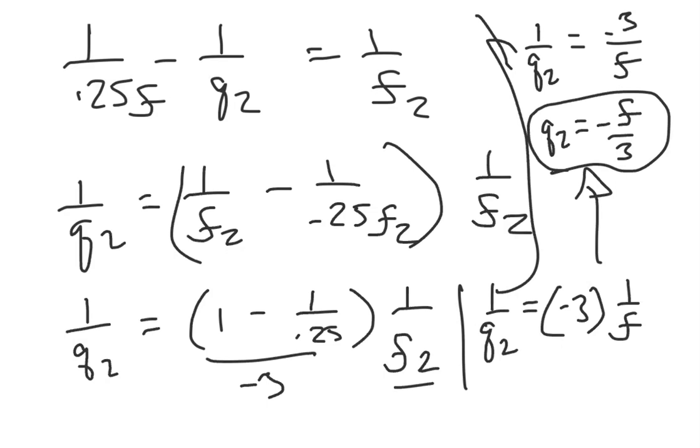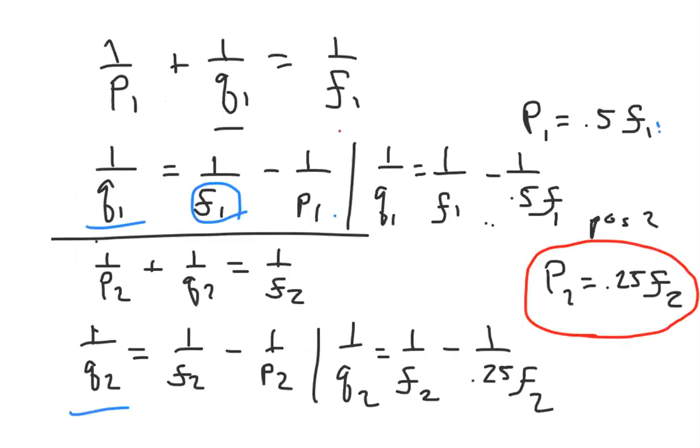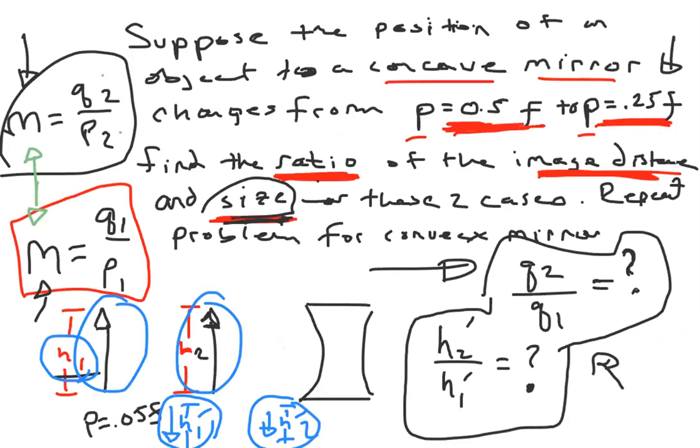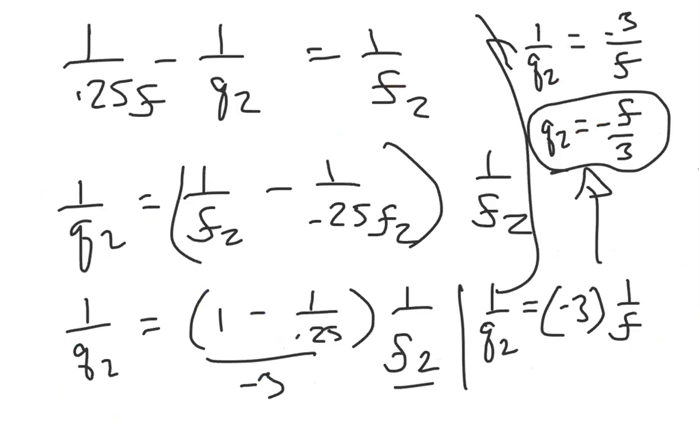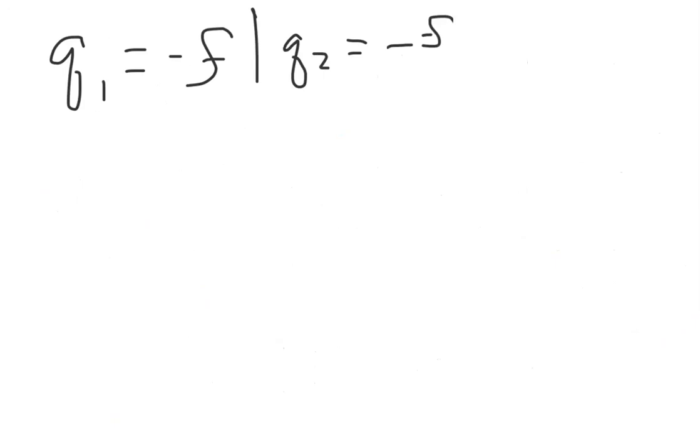Okay, so we got Q1 and Q2. So we have our answer, right? That's the first answer, that's all we were looking for, Q2 over Q1, right? So we know that now, right? We know that Q1 is equal to -F. We know Q2 is equal to -F over 3.